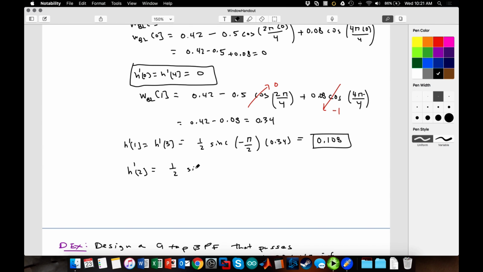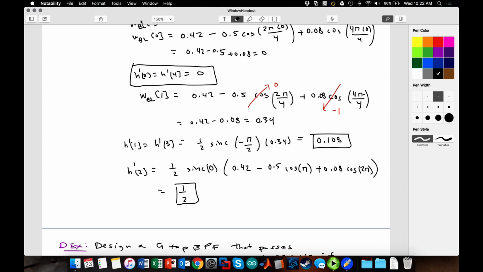Lastly I have to do h prime of 2. In this case I'm going to take 1/2 times the sinc of 0 times 0.42 minus 0.5 cosine of pi plus 0.08 cosine of 2 pi, which gives me just 1/2.